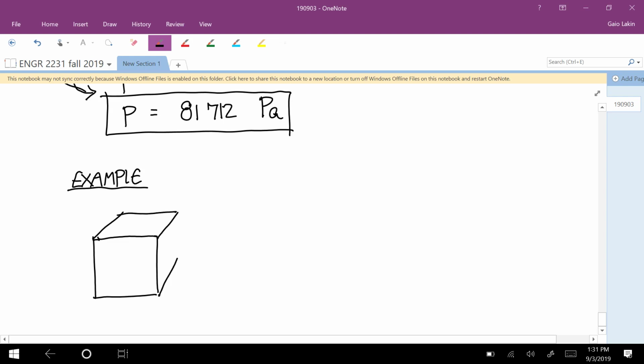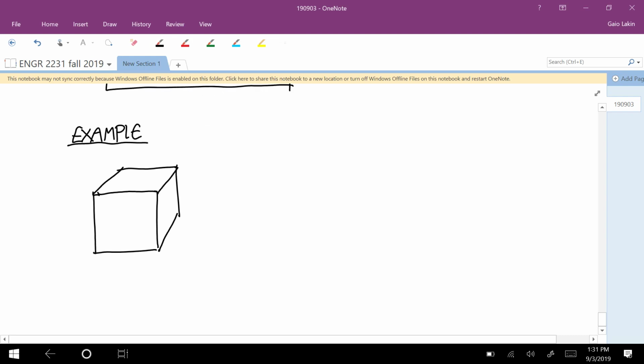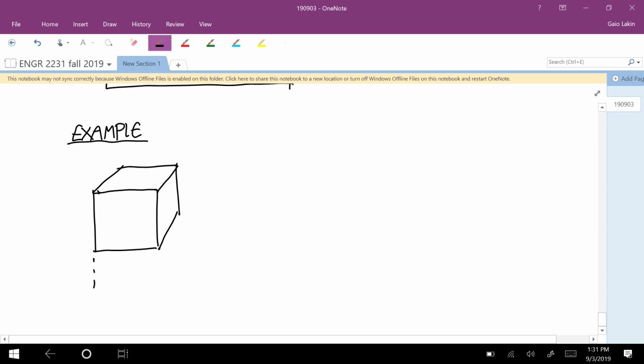So you have this hollow box. It's a cube, so all of these side lengths are the same. And let's say that the side lengths are 0.35 meters. So this is a hollow cube.